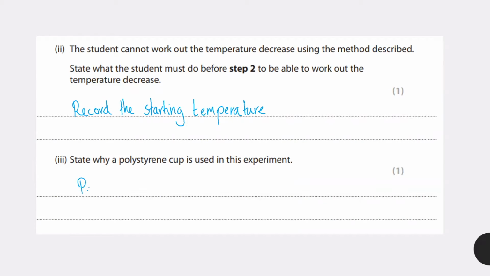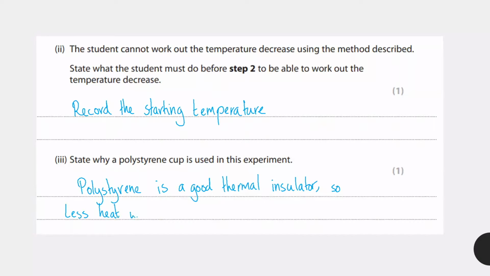Polystyrene is a good thermal insulator, so less heat would be lost to or transferred from the surroundings.